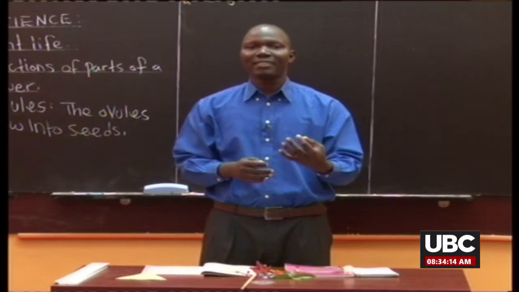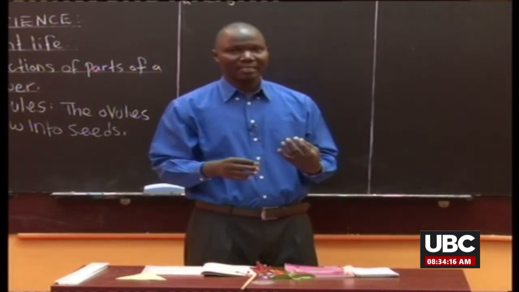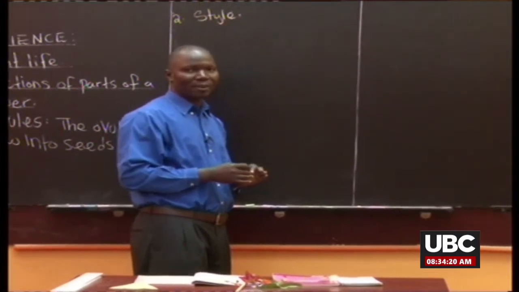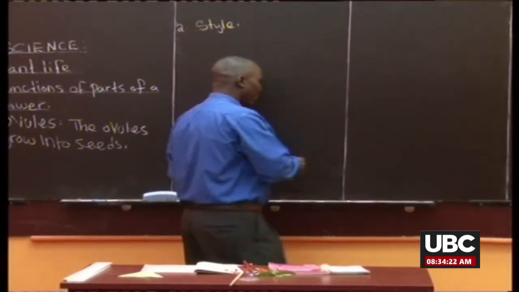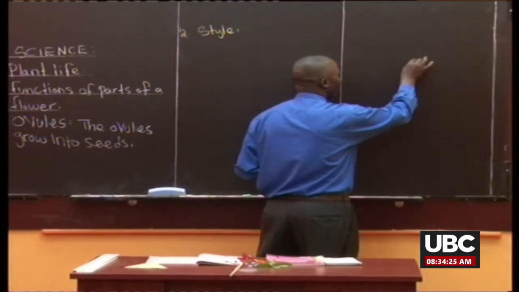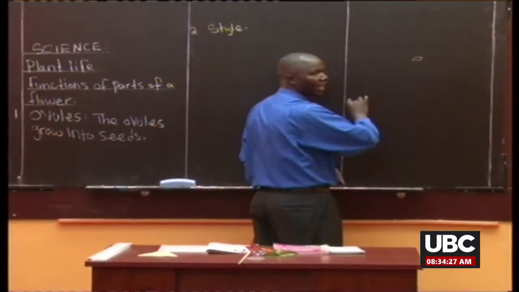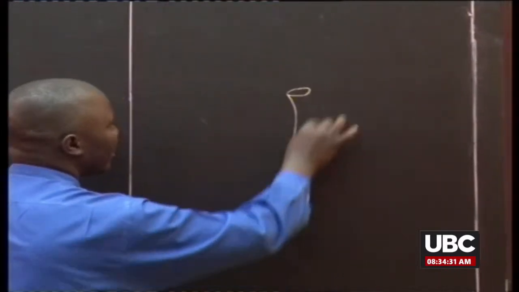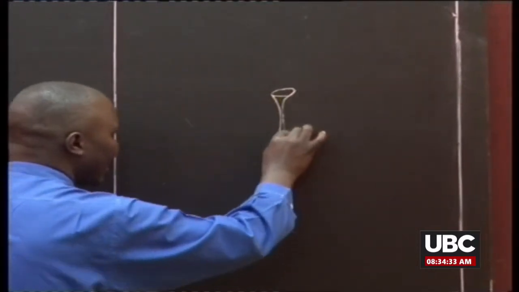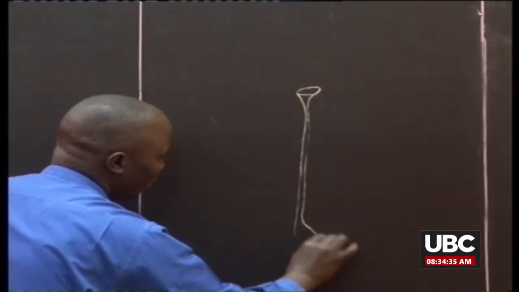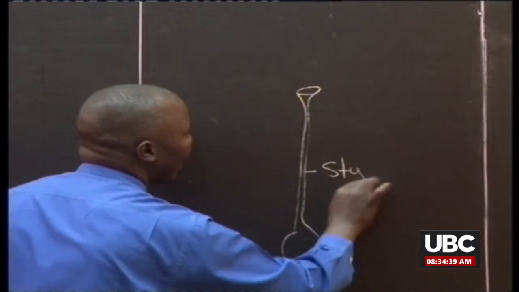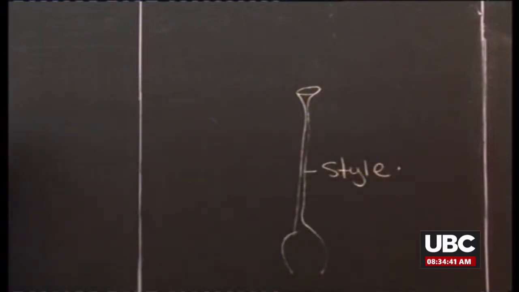And the answer is, to help us do that, we can try to draw out here our diagram, a simple diagram, and see. If we have our stigma up there, this tube going down like that to the ovary is the one we are calling the style. And my question is, has it got a work?